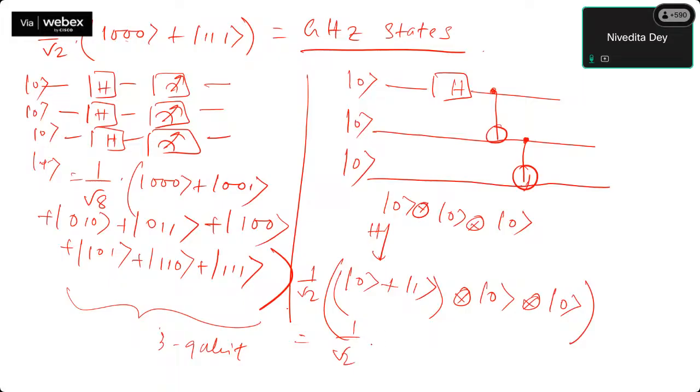So it's 1 by root 2 times 000 plus 100. So this is the Hadamard.